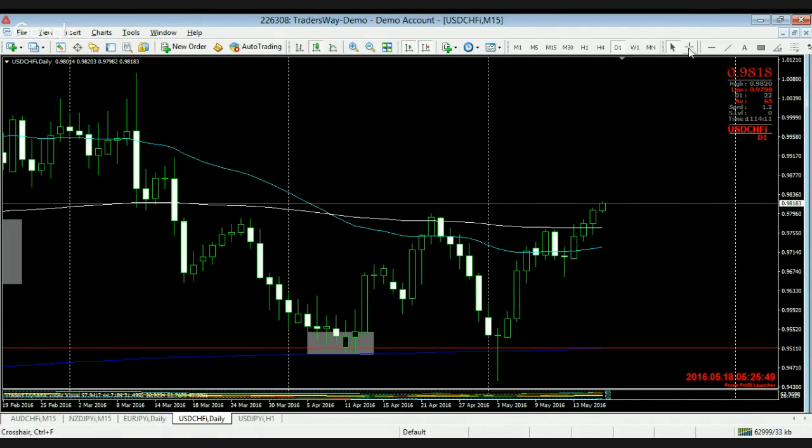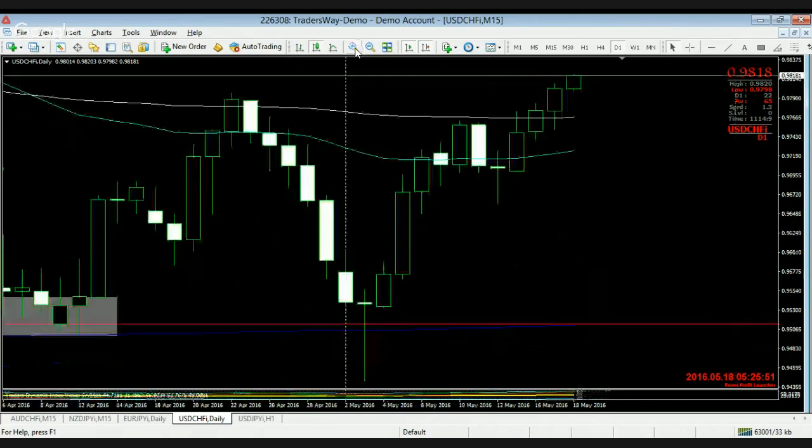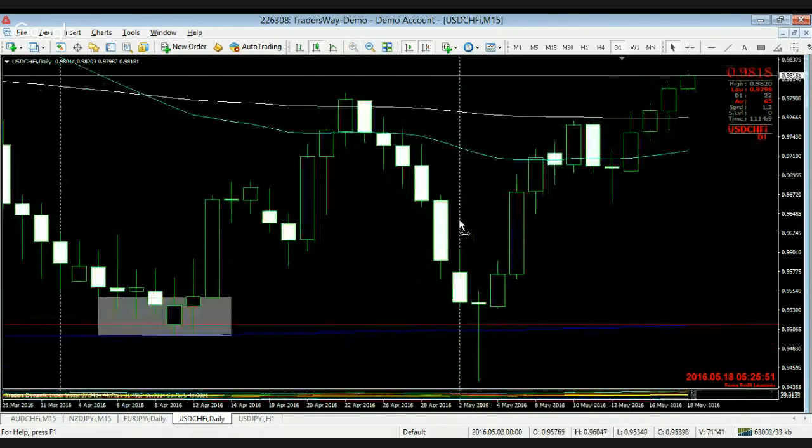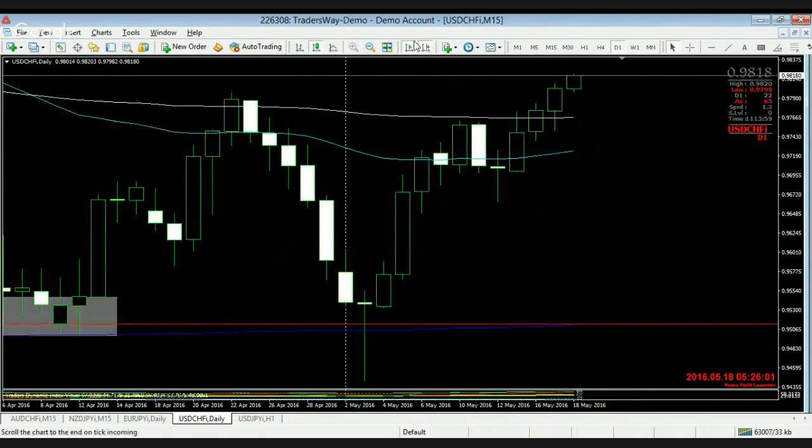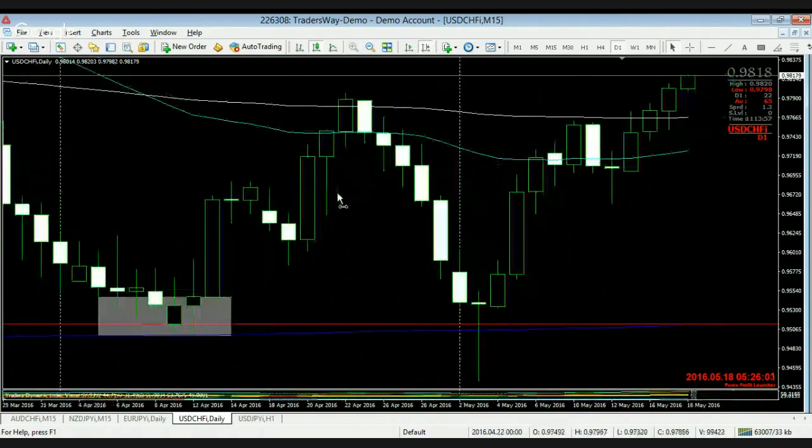All right, so you can see here that this candle has a very long wick. This candle has a long wick here. Okay, that is valid. This is allowed.